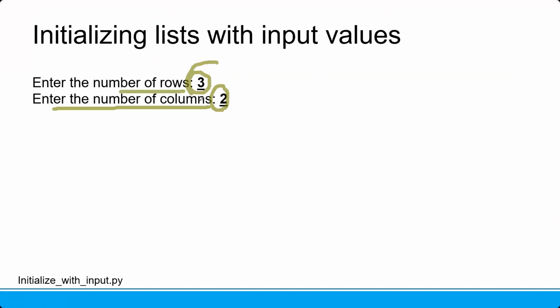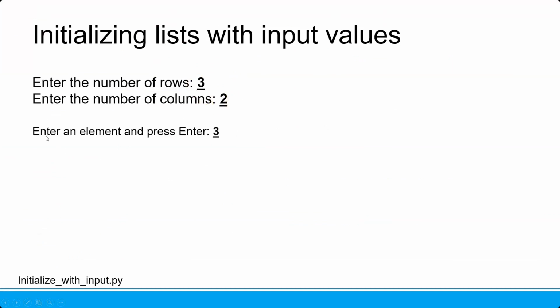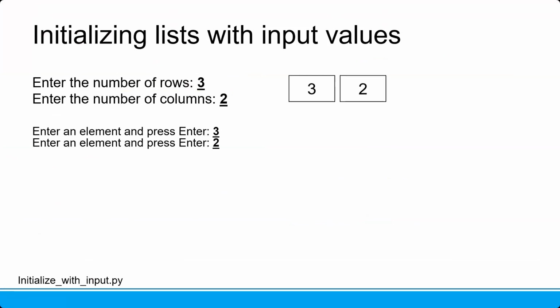So using this information, I would like to make a matrix. When the user enters 3, then there will be an element of 3. When I enter 2, then there will be an element 2. When I enter 5, the element is 5.